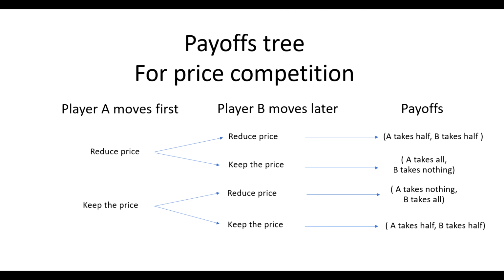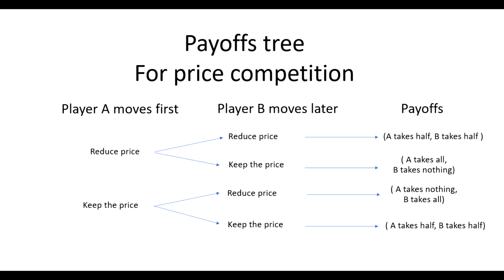It is the price competition and player A moves first. It means that player A can choose to reduce the price or keep the price. If A reduces the price, B has to reduce the price too, otherwise B will suffer and take nothing. You can see at the payoffs, reduce the price by A and then reduce the price by B: A takes half and B takes half.